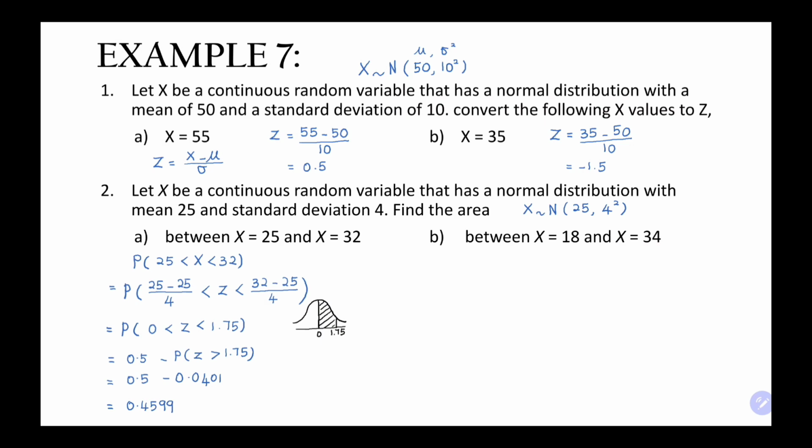Continue question B. Between x equals to 18 and x equals to 34. Okay, between, so means 18 until 34. Between tak ada equal sign. Then from x we convert to z. We standardize. So x minus mean divided by standard deviation.